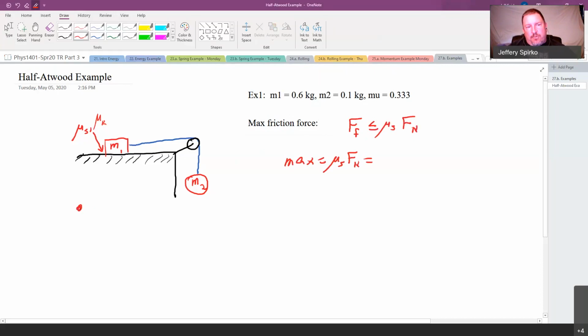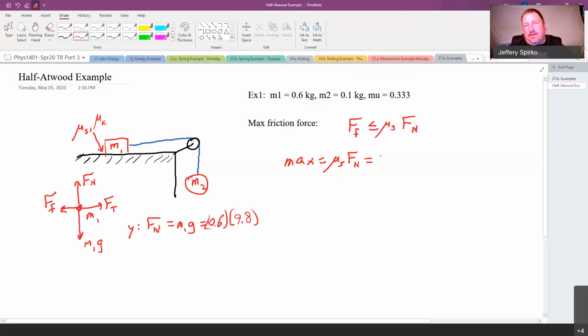So let's think about what M1 is doing. M1 feels force of gravity, M1 G. M1 is touching the table, so it feels the normal force. M1 is feeling some friction force. And M1 is pulled by a force of tension. So that means that in the y direction, I have force normal equals M1G equals 0.6 times 9.8.